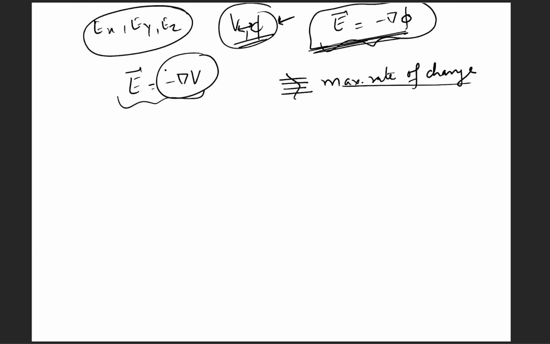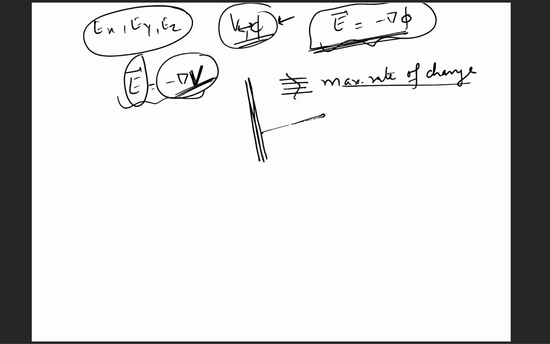So the direction of E is in the direction of the gradient, or the opposite direction of the gradient, and this gradient gives you the maximum rate of change of the potential. So this is the equipotential surface where potential is not changing, and the maximum change will be perpendicular to it.